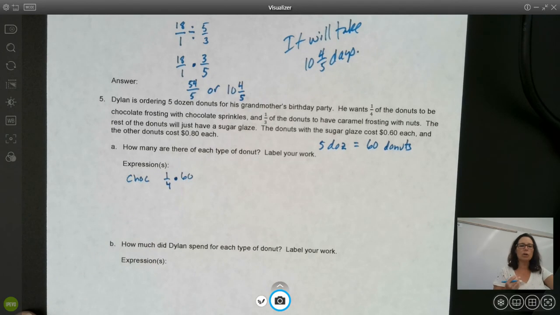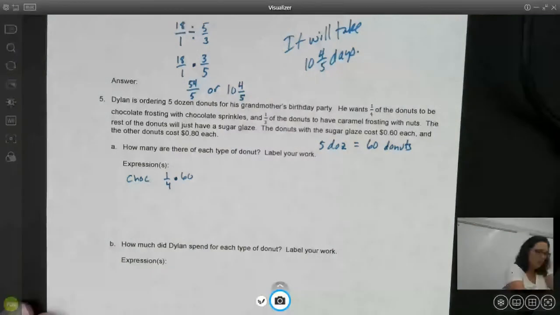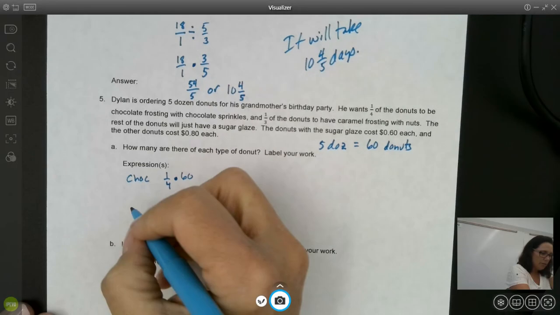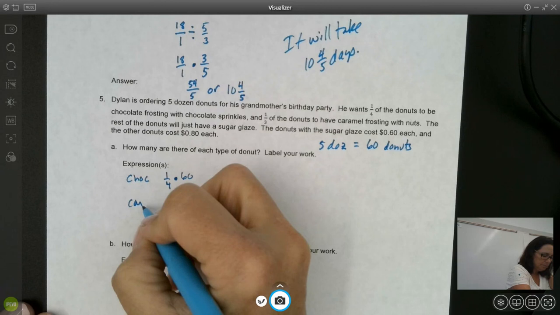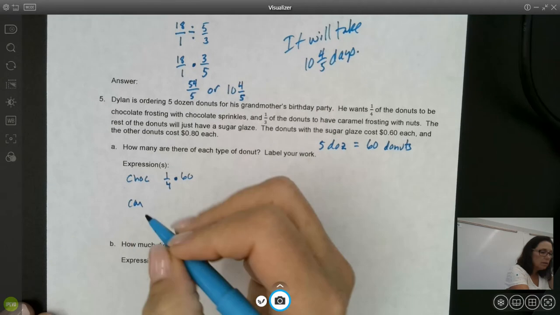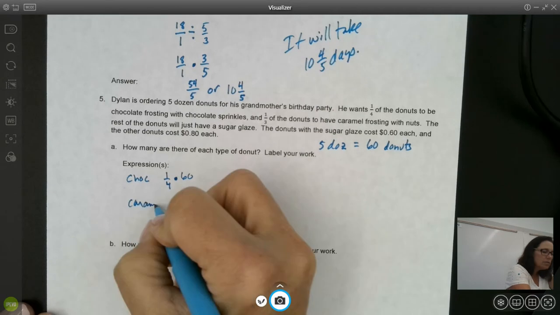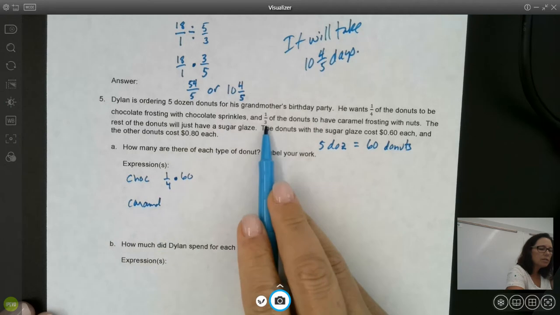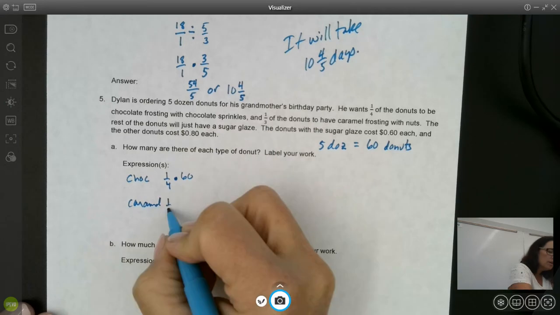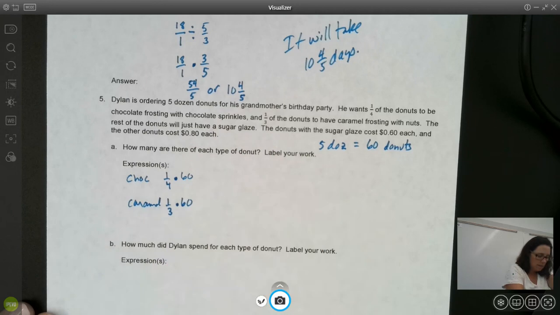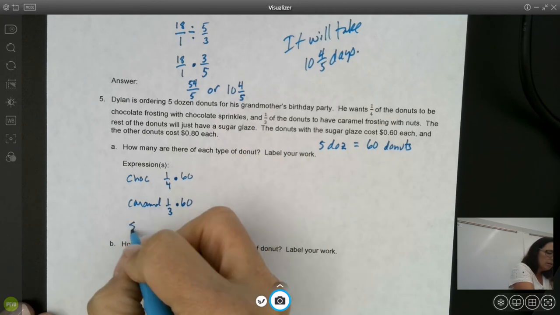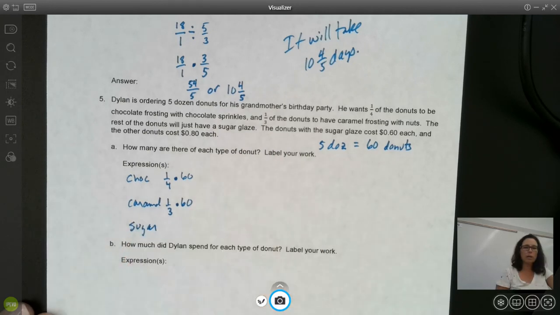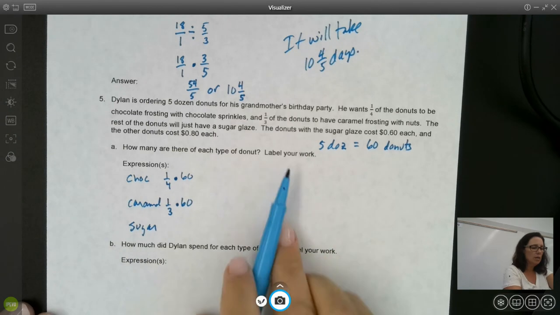We're going to multiply a quarter of 60. And then for the caramel, we're going to do a third of the 60. And then the last part is going to be sugar. We don't quite know an expression for that because it just says the rest are sugar.